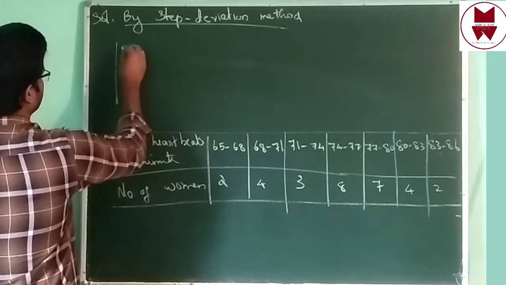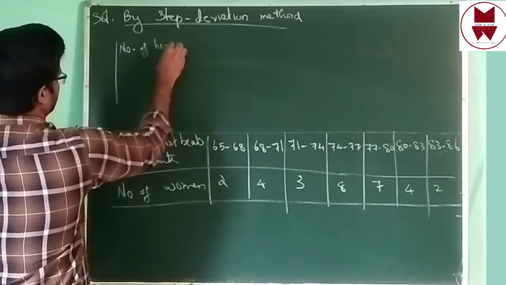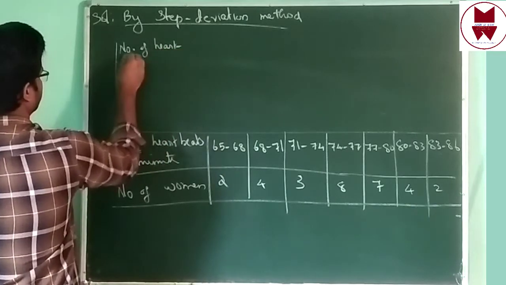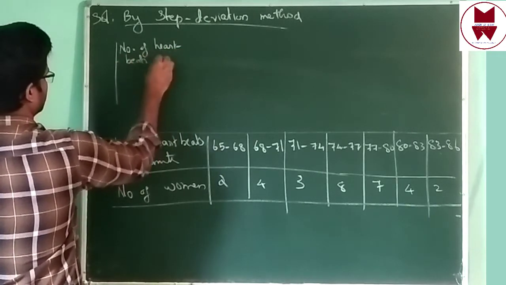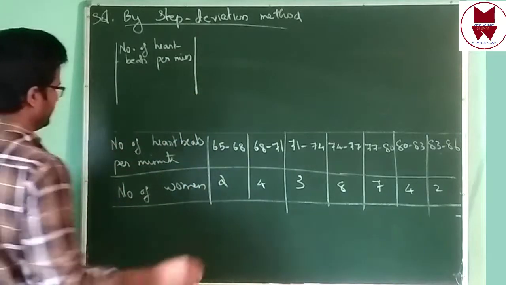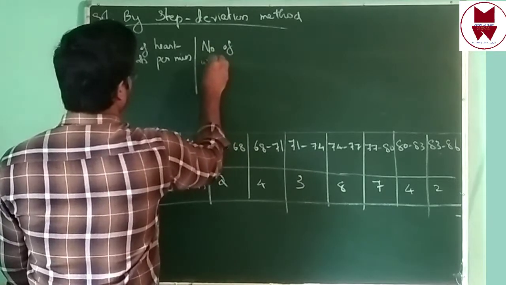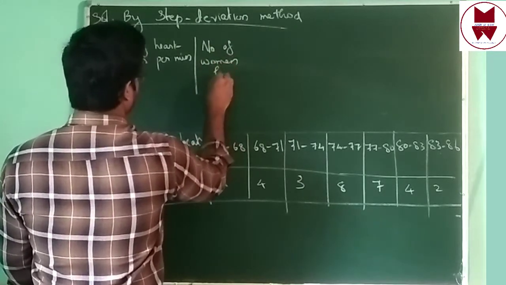Then first, number of heartbeats per minute. Then number of women next, that is fi.